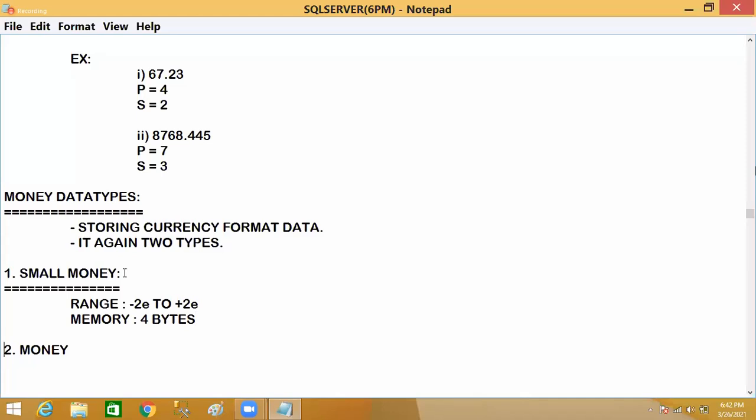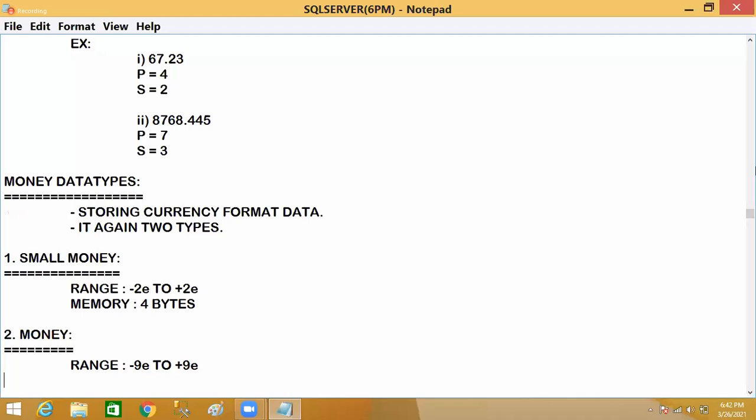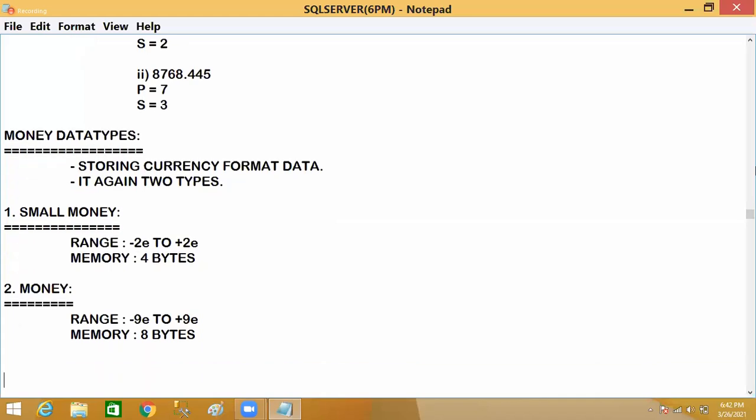In the same way, the money data type has a range of minus 9 to the power of 18 to plus 9 to the power of 18, and it takes 8 bytes of memory. So this is money and small money.